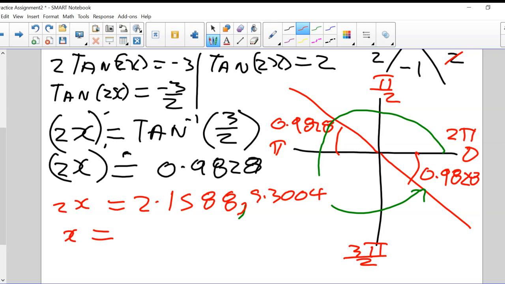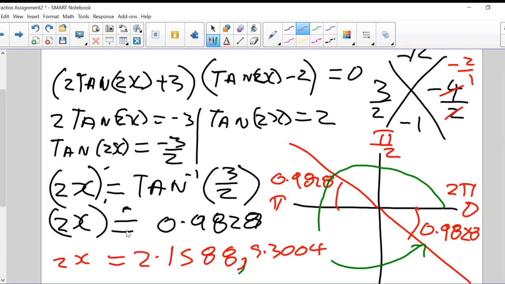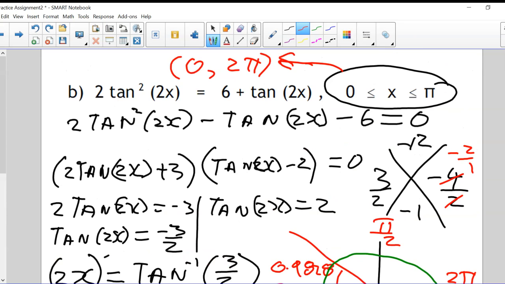Both answers. 1.0794. Actually, you know what? Let me go back and see what the question required in terms of rounding.